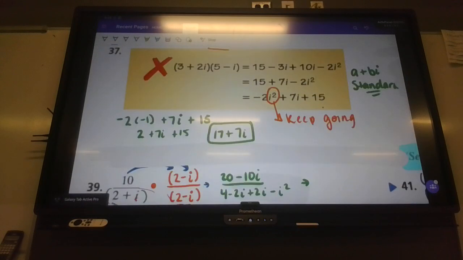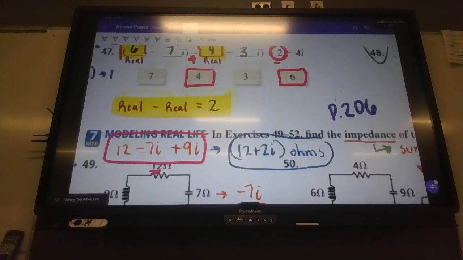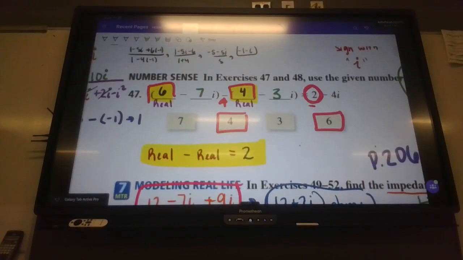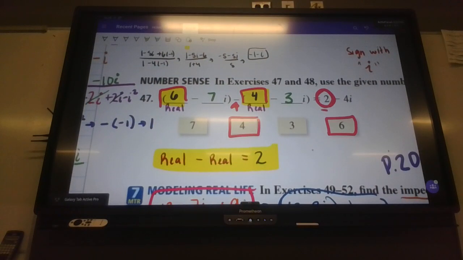Let's do 49. I love that. But oh no, we're not ready. Take 49 out.